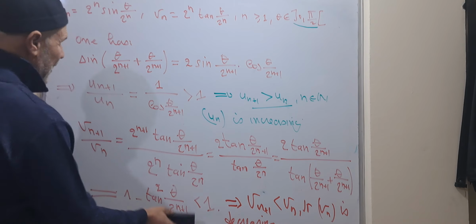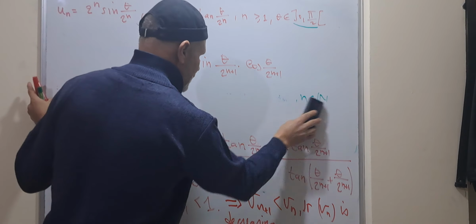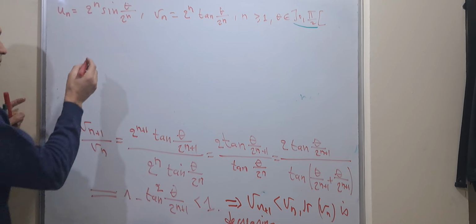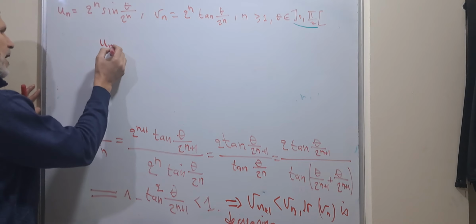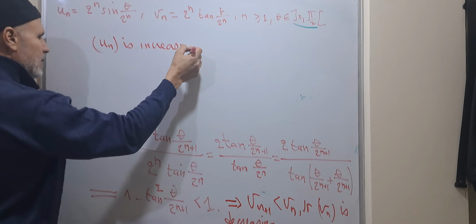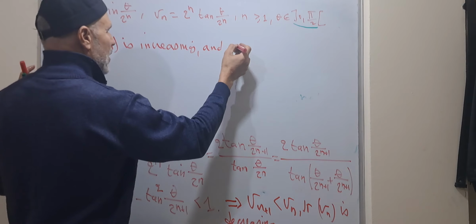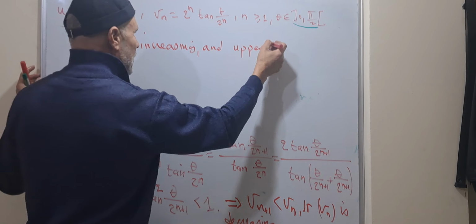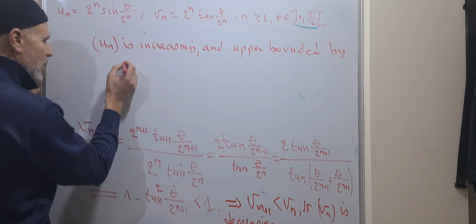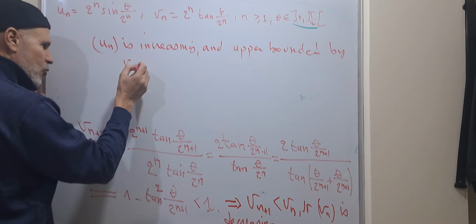The third point: u_n is increasing and upper bounded by v_n, for example by the element v_n. Why is this true?